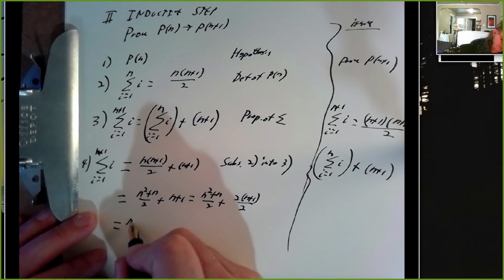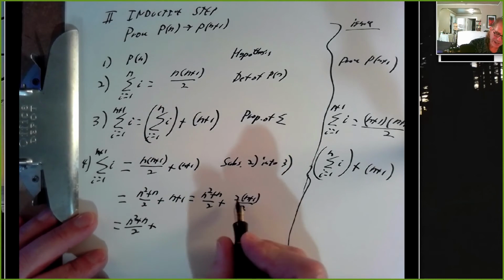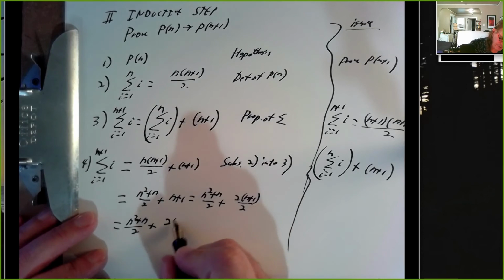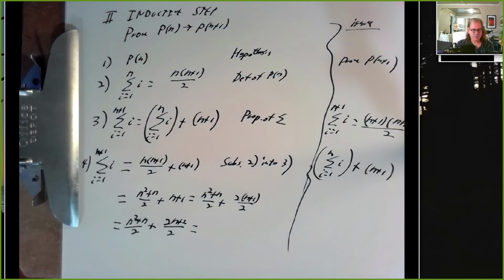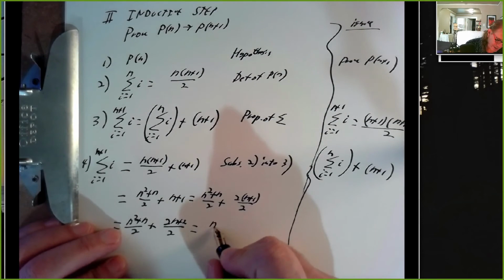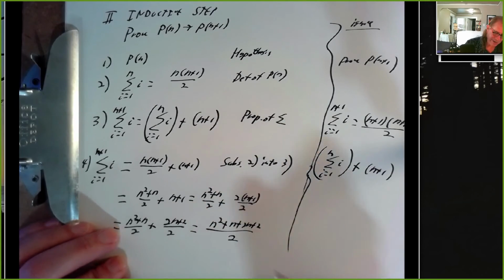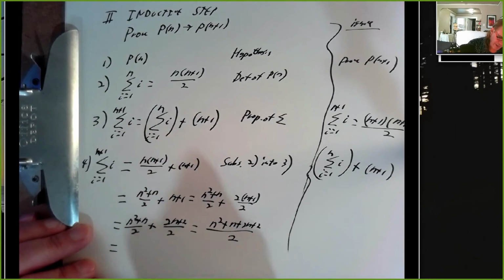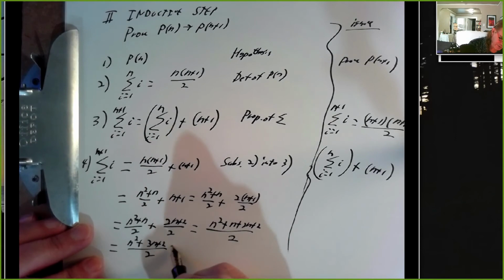And that's n squared plus n over 2 plus, and I'm going to multiply out the 2n plus 2 over 2. And now I'm going to combine the numerators and say this is n squared plus n plus 2n plus 2, all divided by 2. And I'll continue combining. This is n squared plus 3n plus 2 divided by 2.